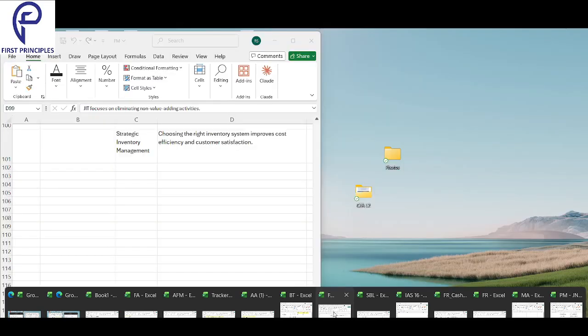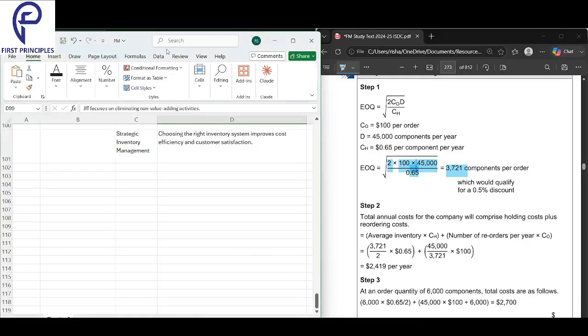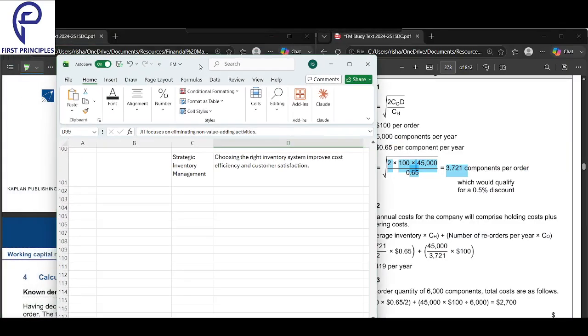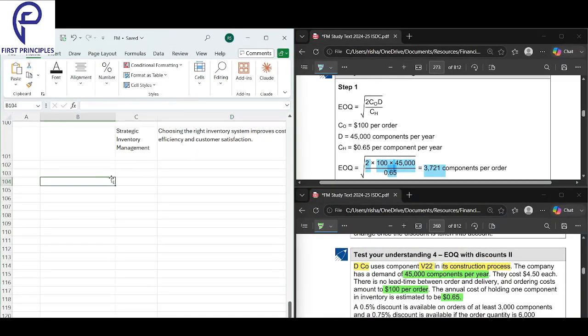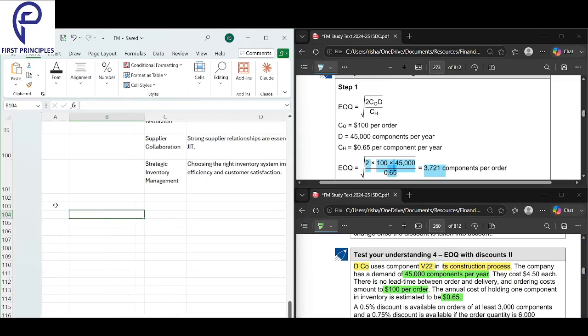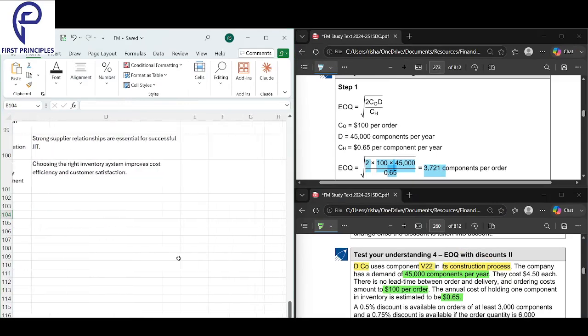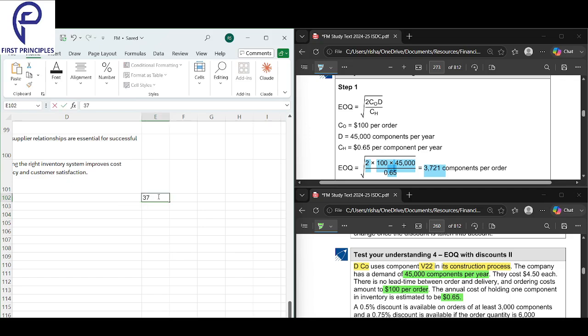Just get the calculator once here, Shruti. You also open it. Just open a calculator, so quickly we can do this. So here you will do it with discount. We have three options. First option is we can go for 3,721 units. This is the economic order quantity.